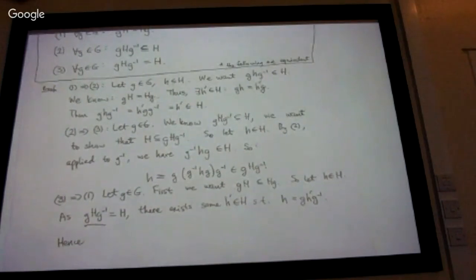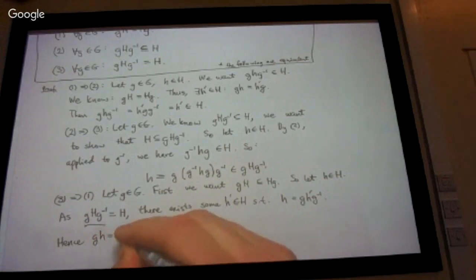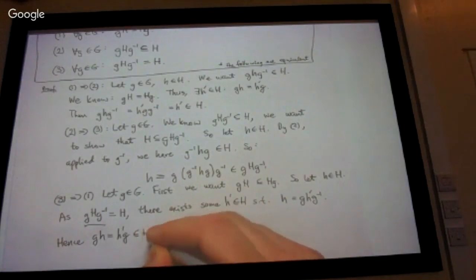And hence gh equals hg. So this is in Hg.